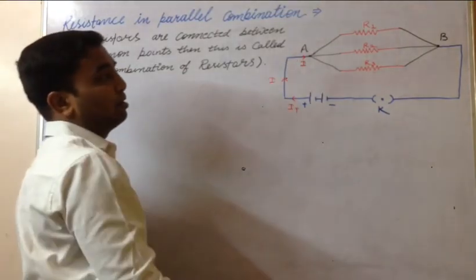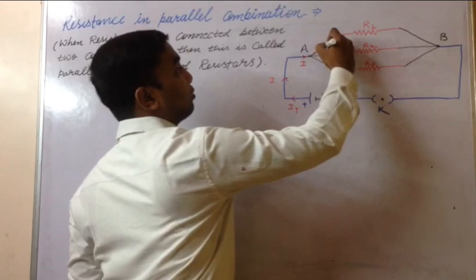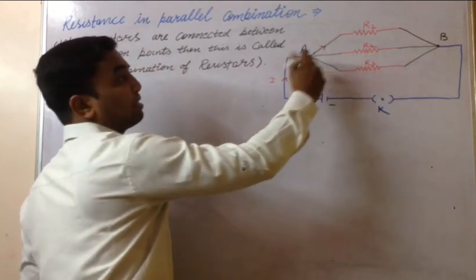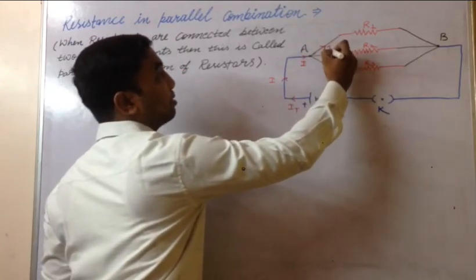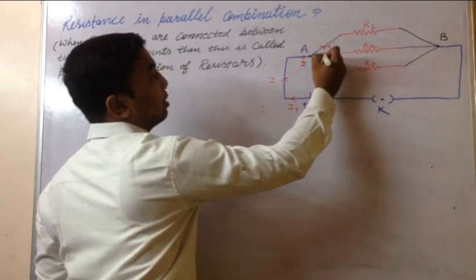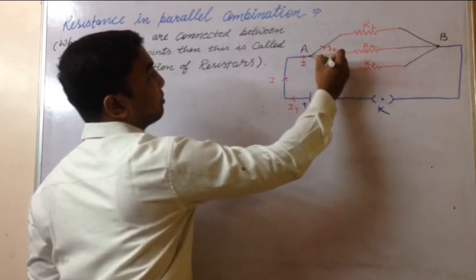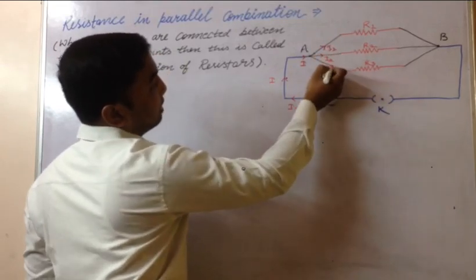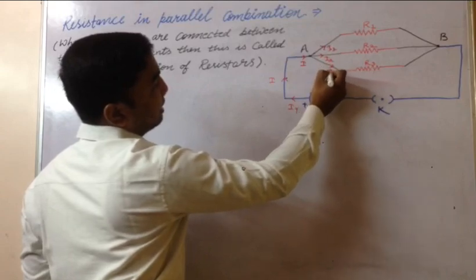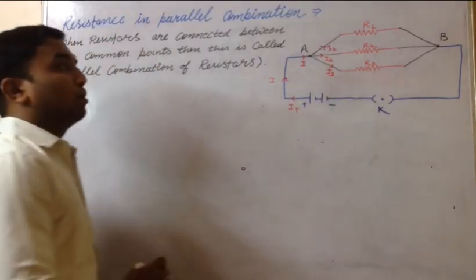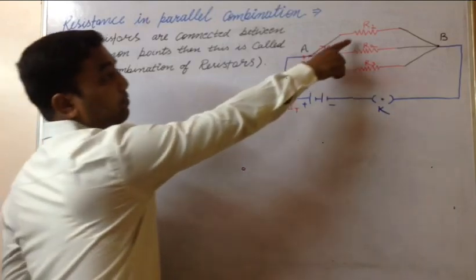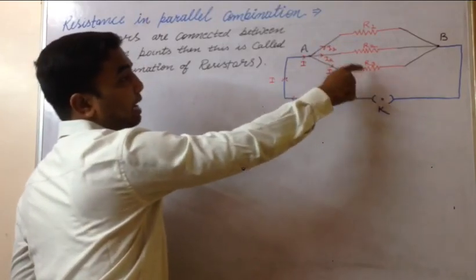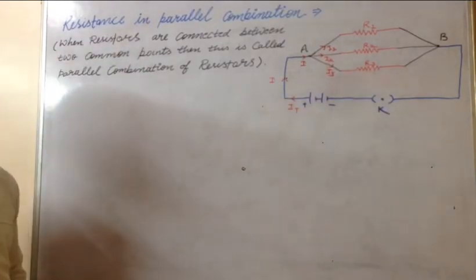Current will divide into three parts. Some current will go in this R1, some current will go here, suppose I2, and some current will come down, suppose this is I3. I1 is going in the first resistance, I2 in the second, and I3 in the third.